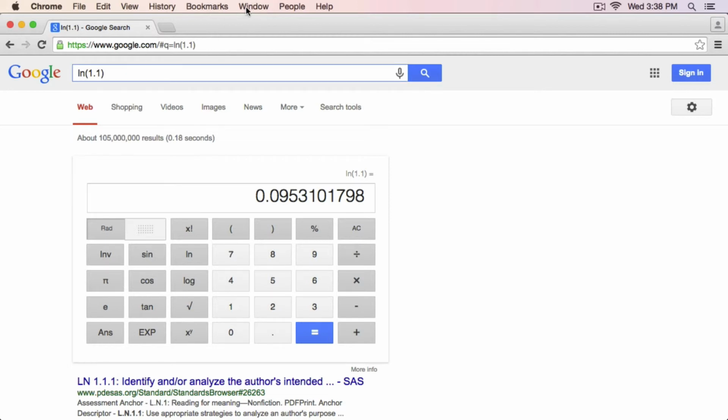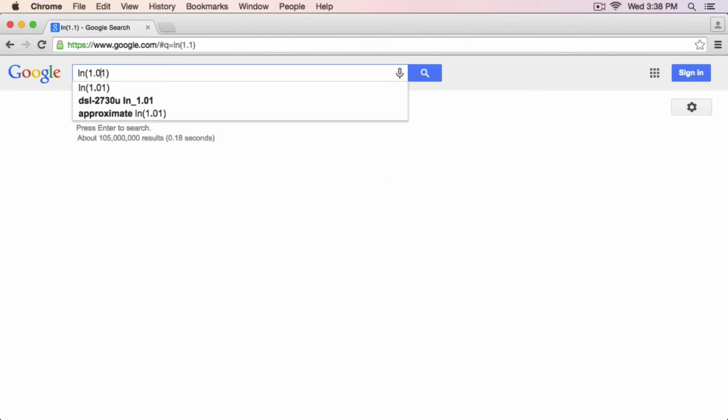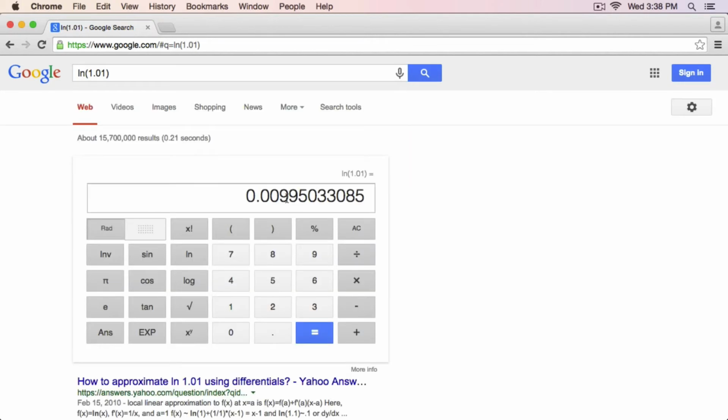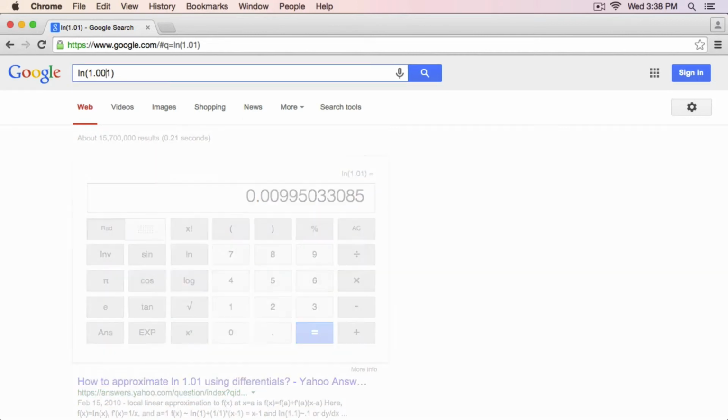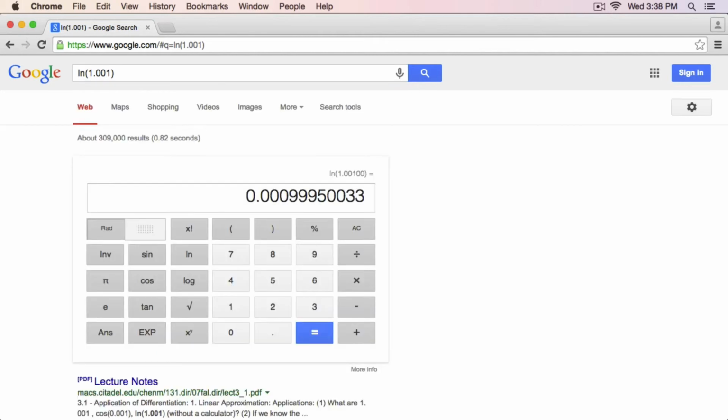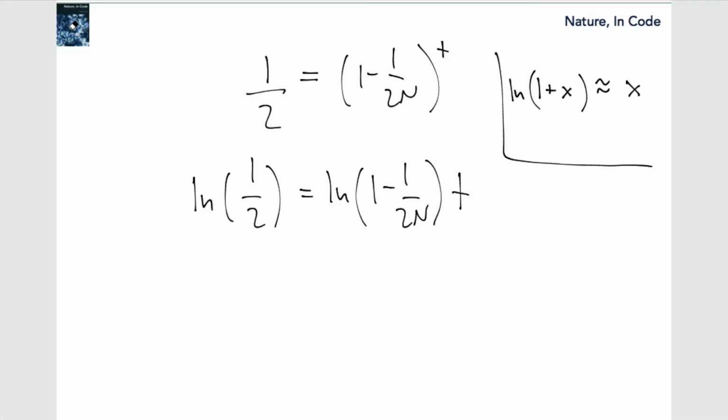Let's get a little closer to 1. So let's say we want to know the logarithm of 1.01. Now that's already very close to 0.01. And if you go one step further, now it's even closer. So as you approach 1, it will not be an approximation anymore. But you can use this approximation, especially as long as x is small, and it's a correct approximation.